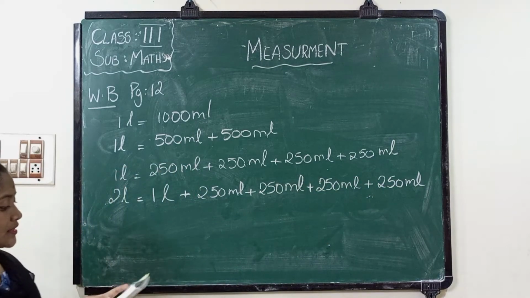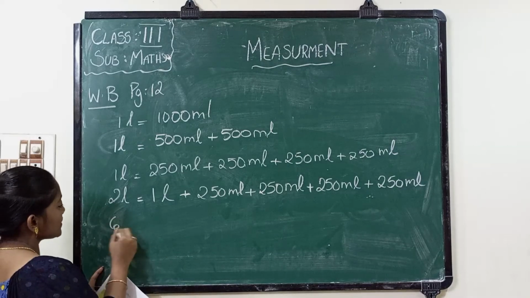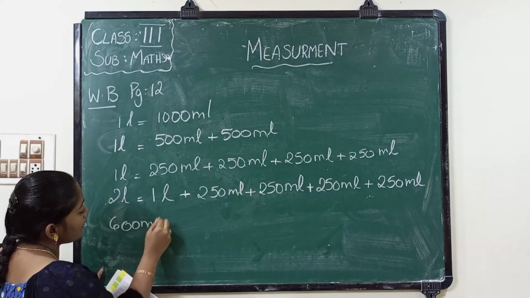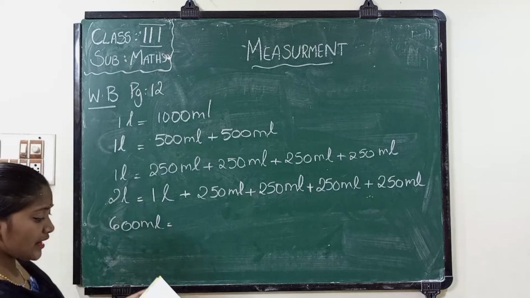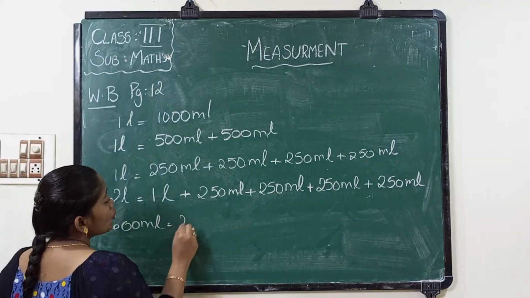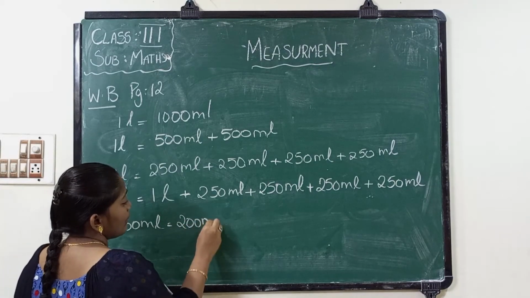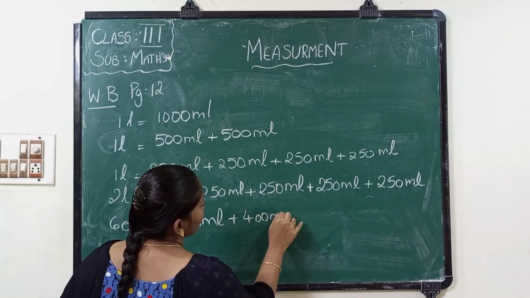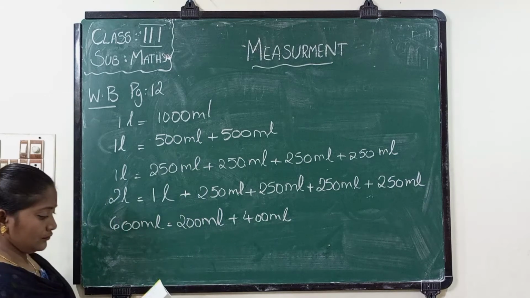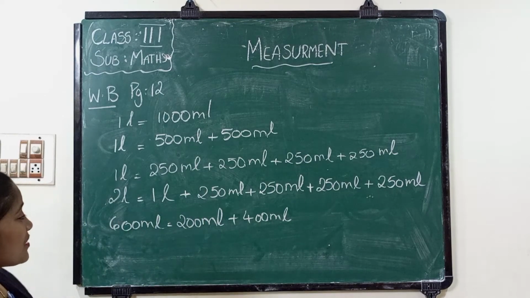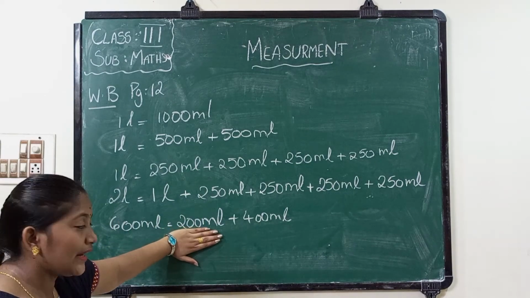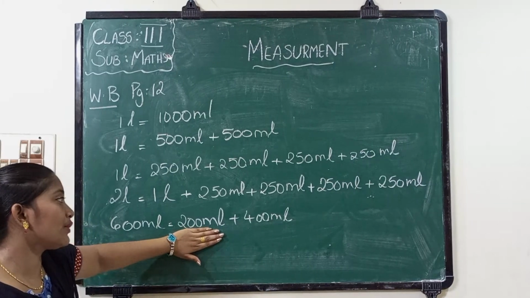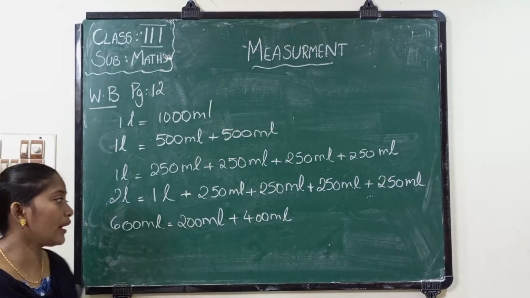Next one. 600 ml. What is that? 600 ml means we can write it as 200 ml and 400 ml. Why? Because they mentioned 200 ml here, so we have to write it as 200 plus 400 ml.